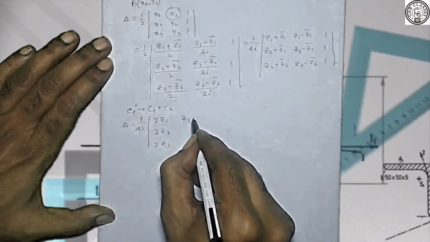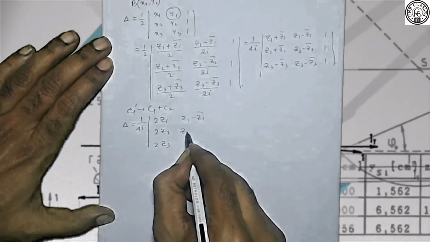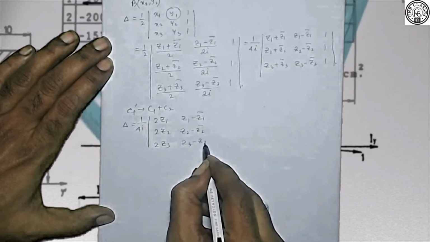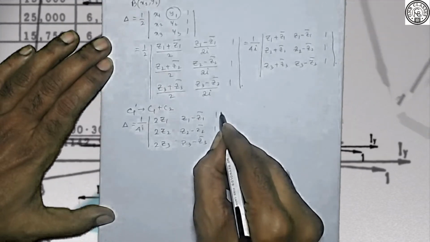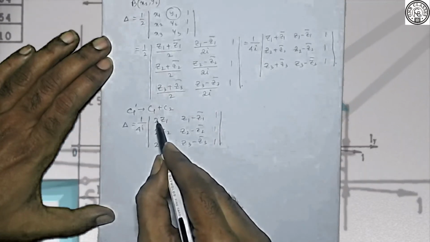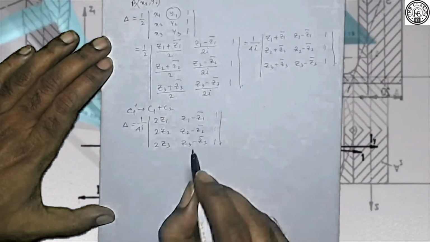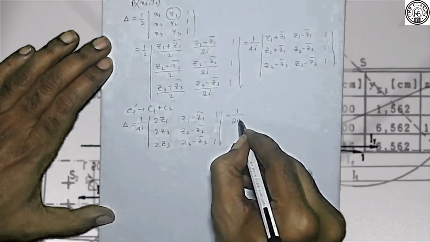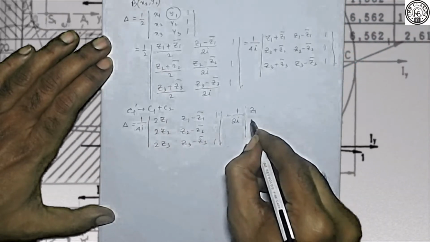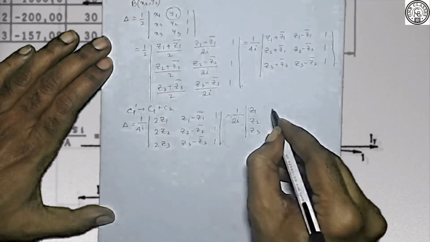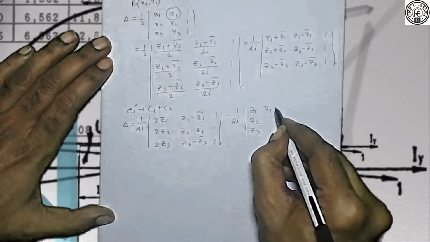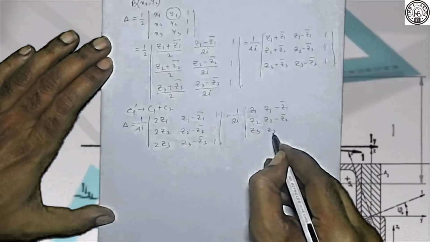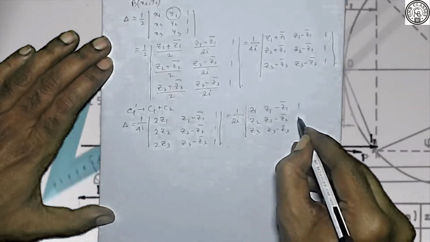This is Z1 minus Z1 bar, Z2 minus Z2 bar, Z3 minus Z3 bar, then 1, 1, 1. Is it clear? Now if I take this 2 outside, so it will be 1 by 2 iota. So Z1, Z2, Z3 is there. Z1 minus Z1 bar, Z2 minus Z2 bar, Z3 minus Z3 bar, then again 1, 1, 1.